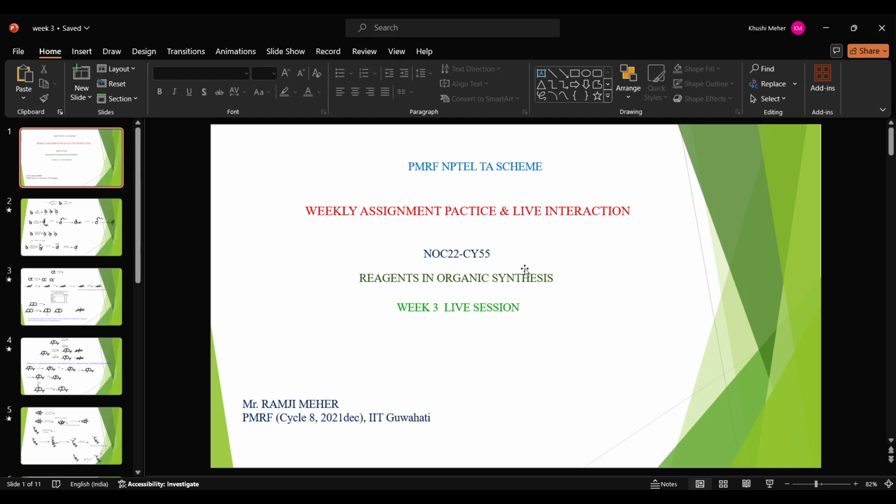That's why catalysis is the most important thing in synthetic organic chemistry nowadays, because from catalysis only we can control most of the regio- and stereoselectivity.